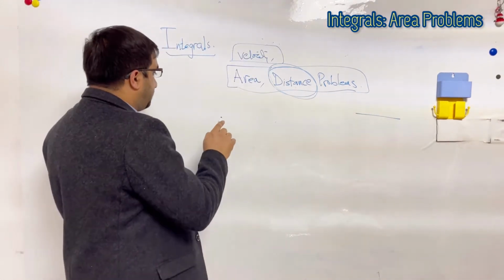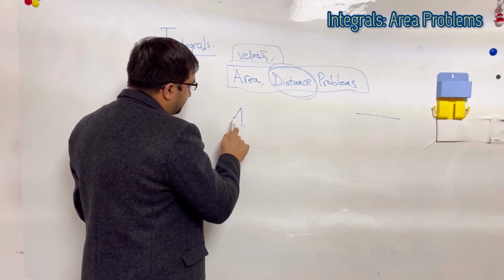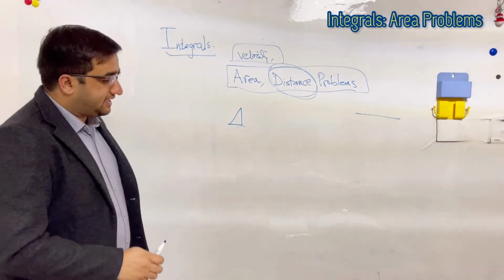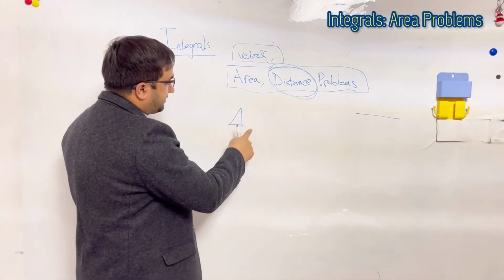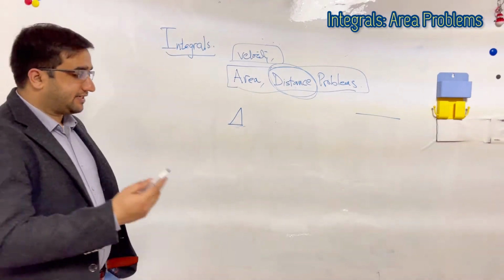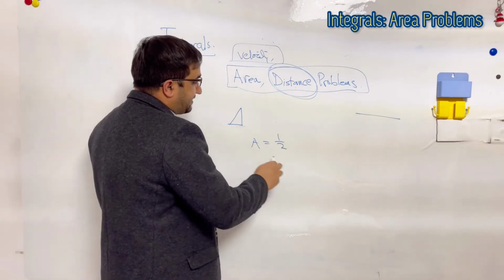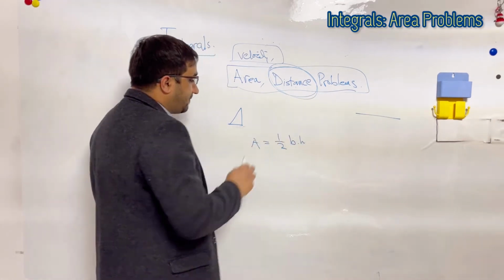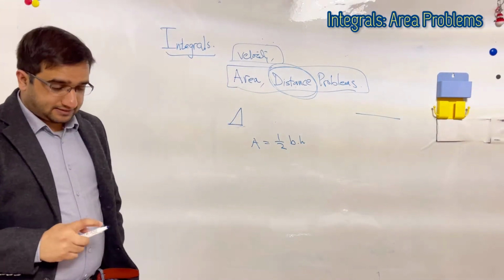If you want to calculate the area of a triangle, you can see that all the three sides are connected. They are straight lines. So there is a straightaway formula that the area is half of the base into height, because all the sides are straight lines.